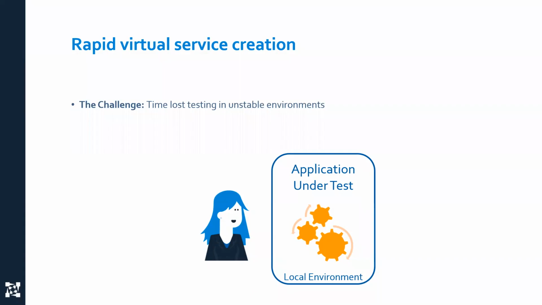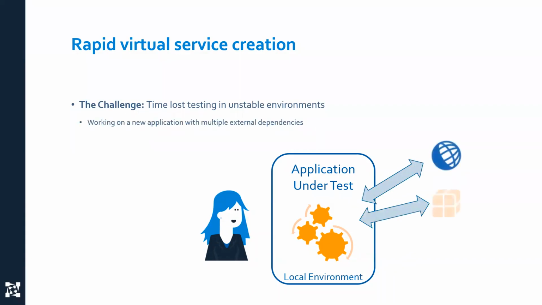And quite often what we can see is that we'll lose a lot of time based on unstable environments, which really, as I talk to a lot of my users, it's not necessarily the environment that's unstable, but it could be a couple of key pieces of technology, a database, a mainframe, a tricky service, or something that somebody else is working on that never provides you what you need as you're doing local testing or local development.